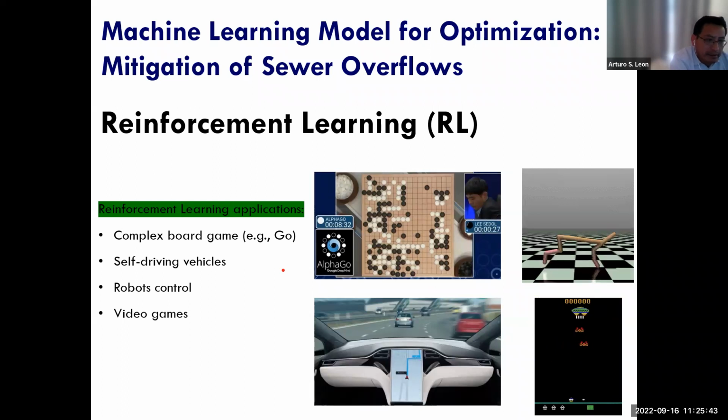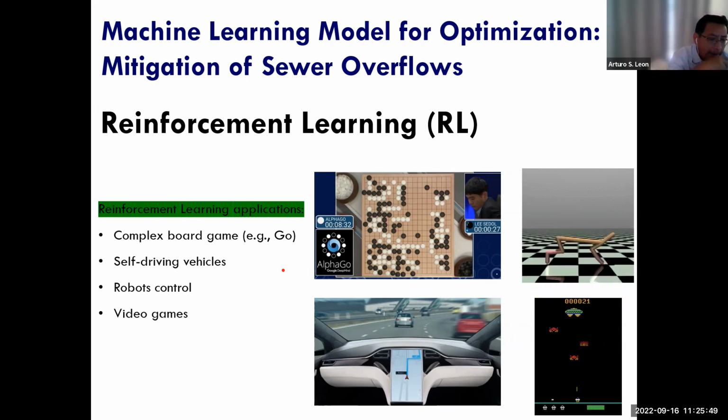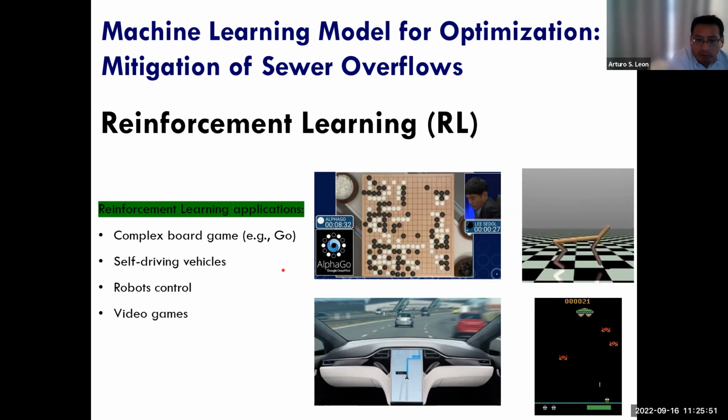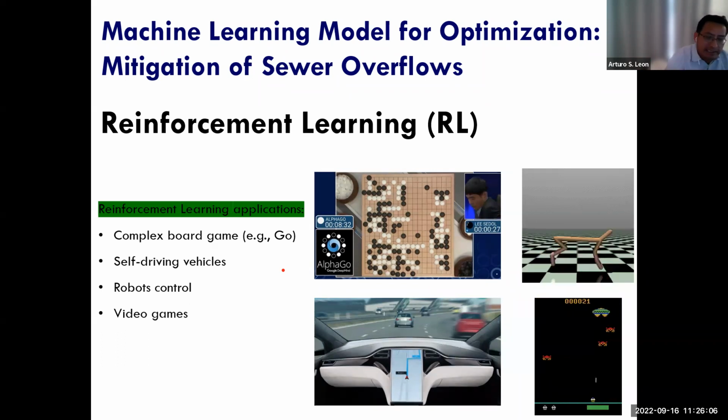Prediction is relatively easy because in prediction you have a set of conditions and you want to predict what is going to happen. But now we want to optimize. We want to find out how we should move the gates up and down over time. For example, if the rain is going to be during one day, we want to know how we should operate the gates before and after the rain.